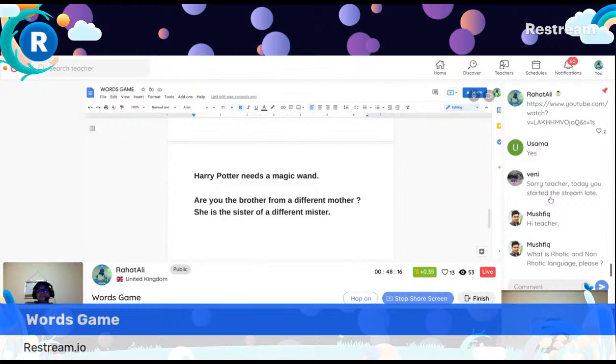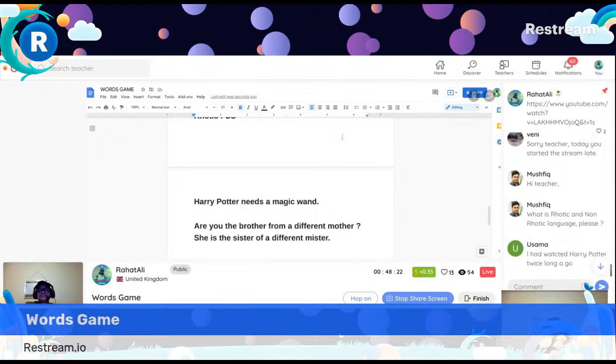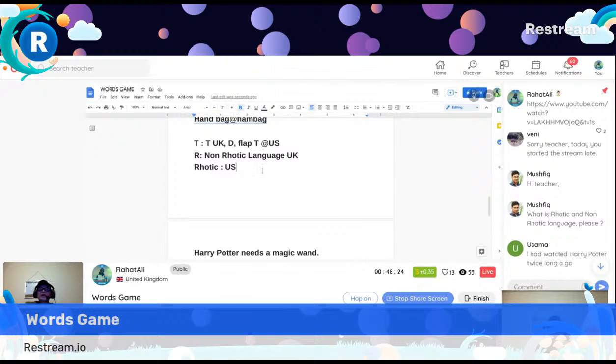Mushfiq, welcome. I'm going to explain to you in a moment. So rhotic means where the R sound is pronounced. The R sound is pronounced in the US accent, and non-rhotic means the R sound is not pronounced.